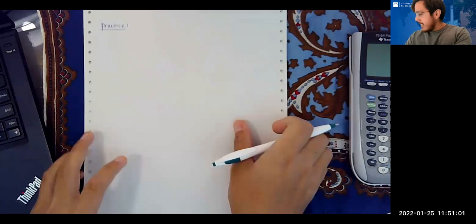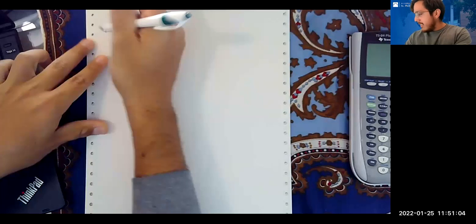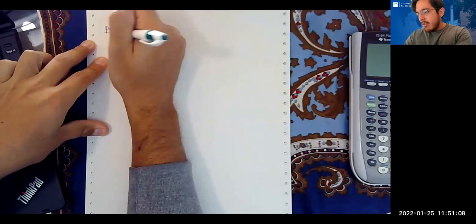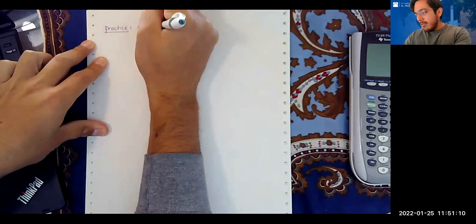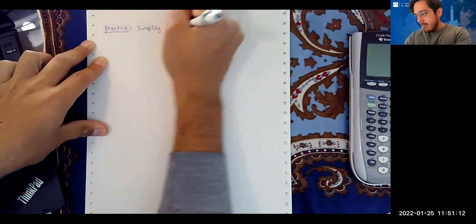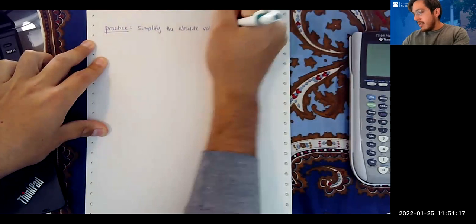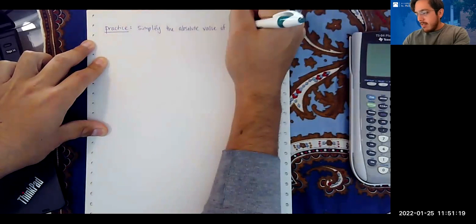But let's go ahead and simplify the absolute value of each expression. Okay.